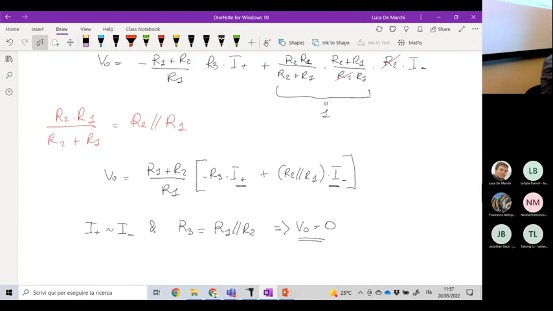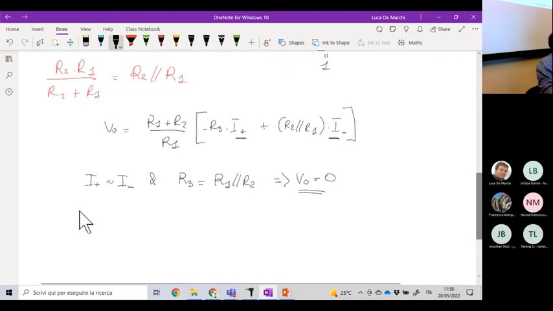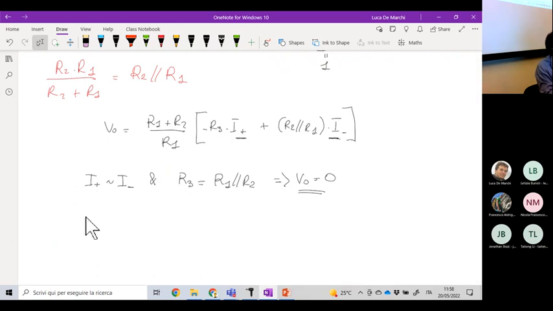However, we have to take into account that in many practical situations, we may have I plus slightly different from I minus. So I plus may be different from I minus. This quantity here is usually referred to as offset current.